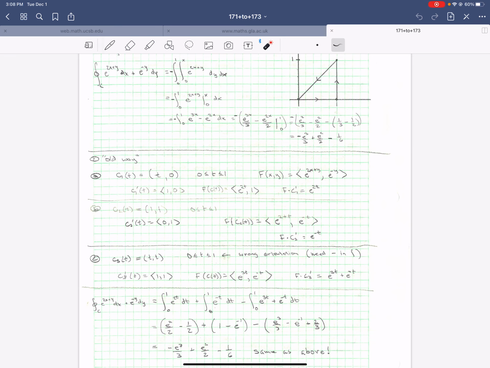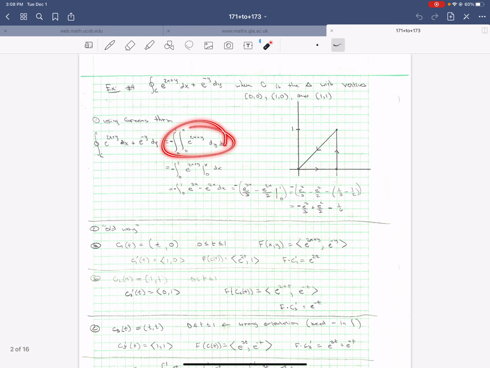After I did all that work, 1, thinking of a parameterization myself, 2, finding the tangent vector, that's not that hard, 3, plugging it into the vector field to see what the parameterization looks like in terms of the vector field, and then 4, I still have to do a dot product, and 5, then I still have to do actual integration. And so that's a lot of work. And this I had to do 3 times because there were 3 pieces to it.